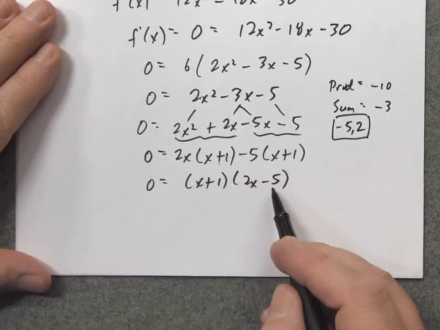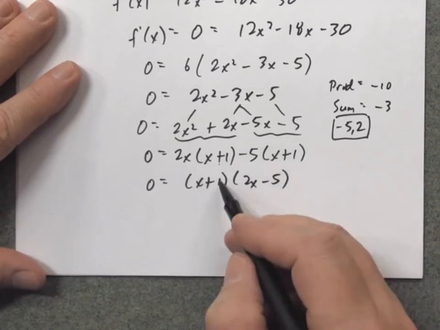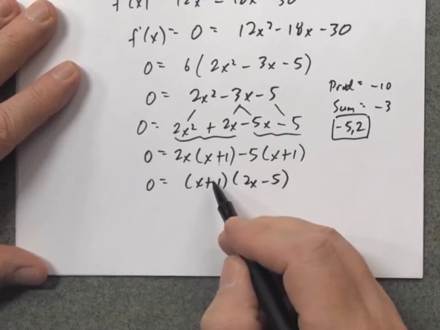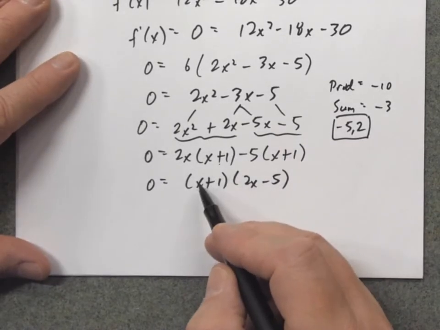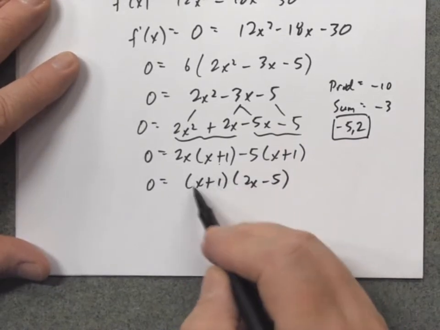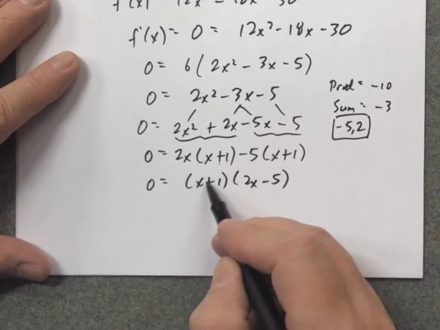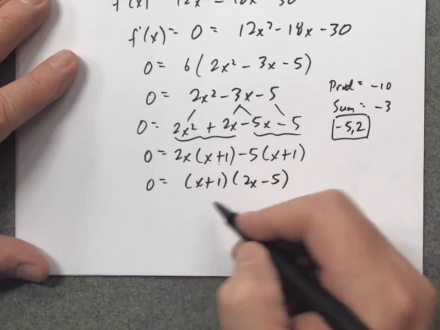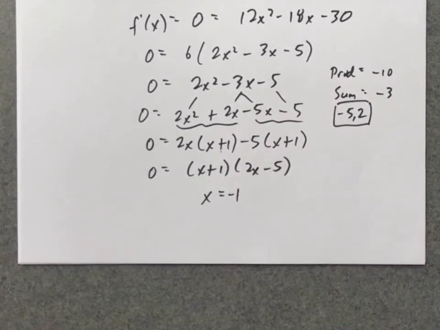And now, to solve this, I take each of these parentheses and I set them equal to 0. Or another way to do it is you look at this first parenthesis and say what value of x would cause this whole parenthesis to be 0, right? Because 0 times anything is 0. This first one's pretty straightforward. Negative 1 is a solution.